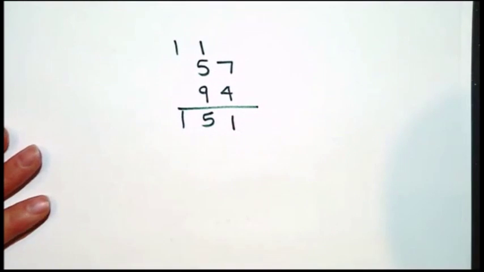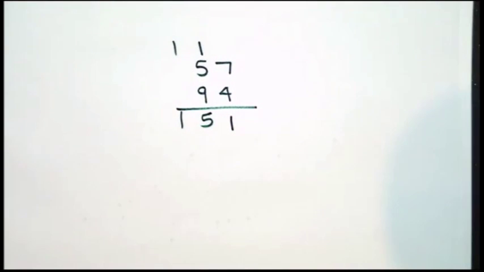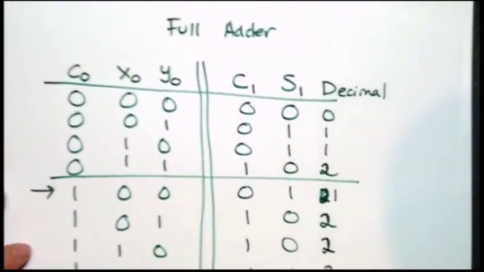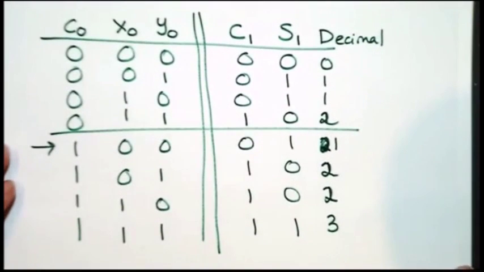Carry the 1. Yes? Regular addition? Okay. So we always add the carry. Like, we don't care that it's a carry. We just add it. Same thing with binary. It works the exact same way. Does that answer your question?